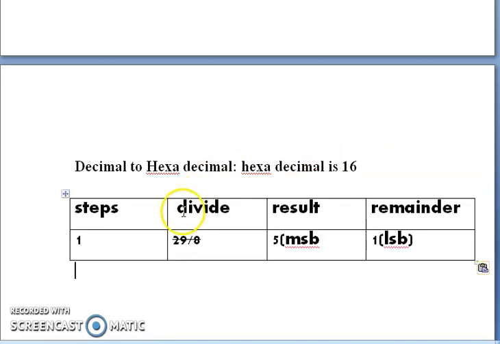The decimal number is 29, so 29 by 16. What is the resulting value? The resulting value is 1, and the remainder is 13.